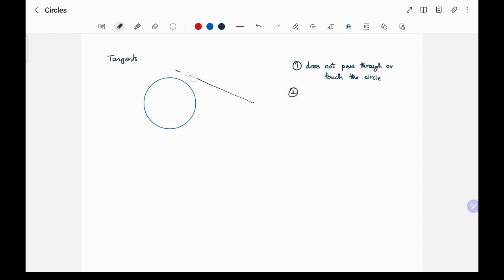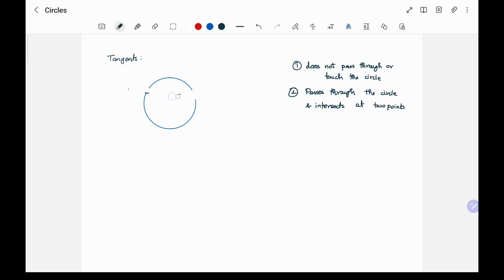So second is it passes through the circle. When it passes through the circle, it intersects at 2 points, right?